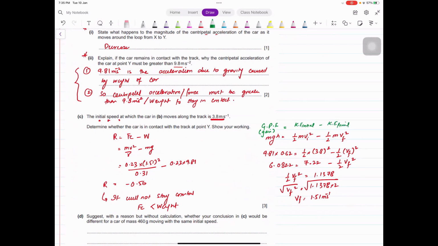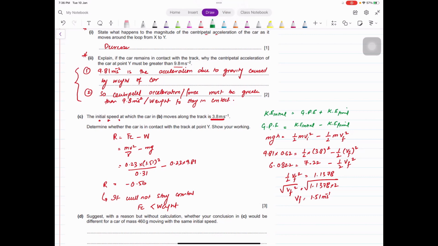Do you get my point? You can also write it like this: the kinetic energy initially is equal to the gravitational potential energy and the kinetic energy final, because that's at the end. Do you understand? It would give you the same answer.